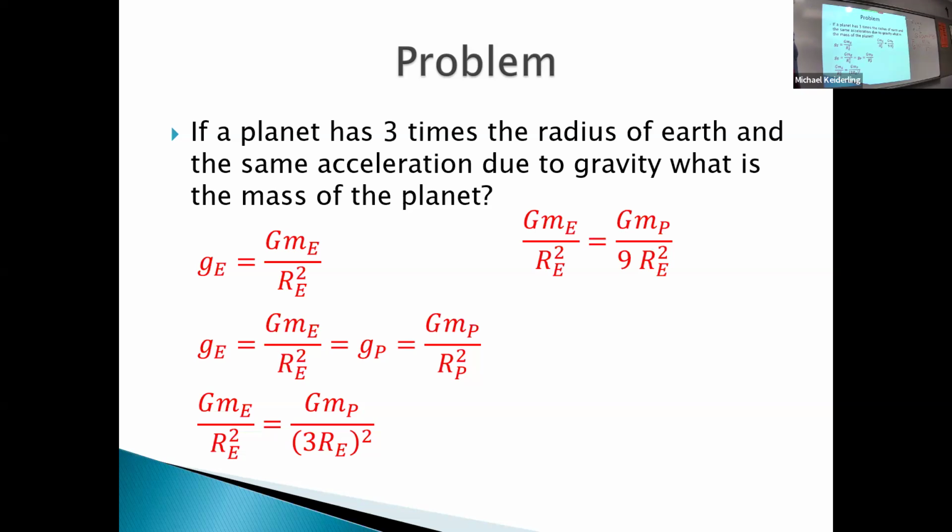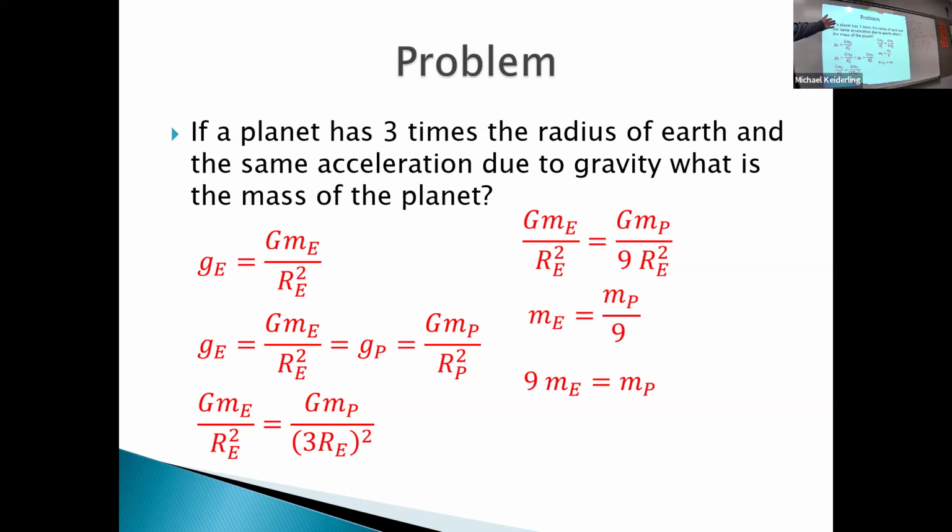And if you do some algebra, the radius of Earth squareds cancel, the big G's cancel. You get mass of the Earth equals the mass of the planet over 9, or the mass of the planet is 9 times the mass of Earth.